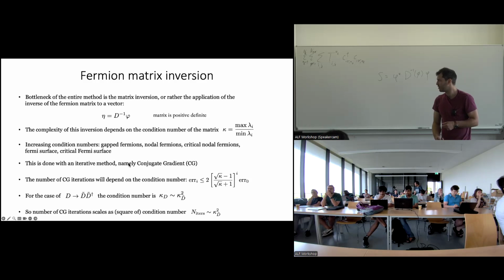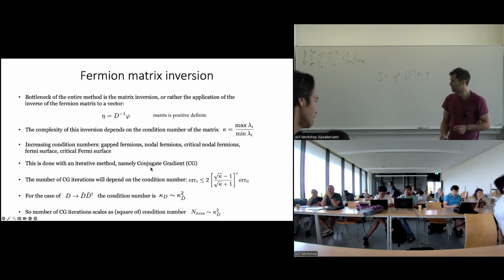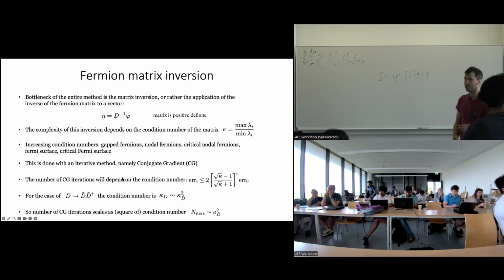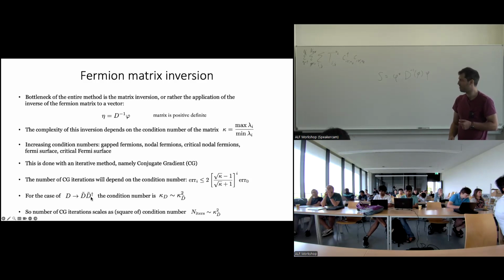As I mentioned last time as well, oftentimes we work with the case where this D matrix is in a form that's explicitly positive definite, D tilde dagger D tilde, where D tilde is maybe a matrix of half the linear size, or some spin resolved or flavor resolved thing. Then the condition number that I'm talking about here is not kappa D, but can be expressed as kappa D tilde squared.